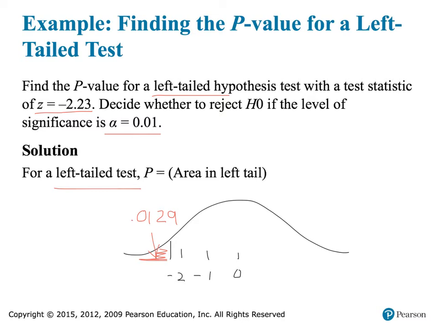Our p-value would be 0.0129. So now we want to compare that 0.0129 to the alpha level given of 0.01. It's greater than that. So our decision here would be to fail to reject. It needs to be less than or equal to in order to be able to reject that null hypothesis.